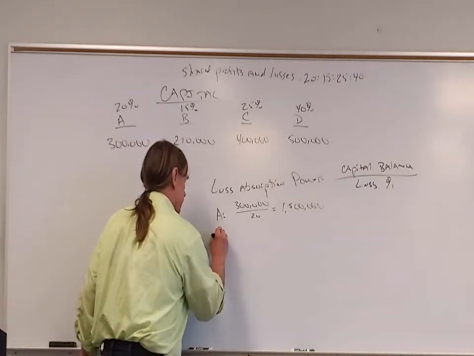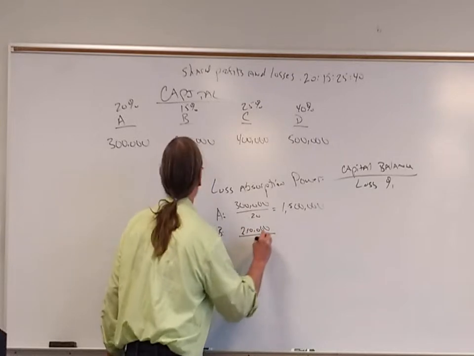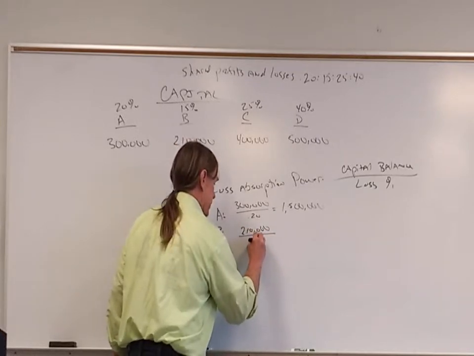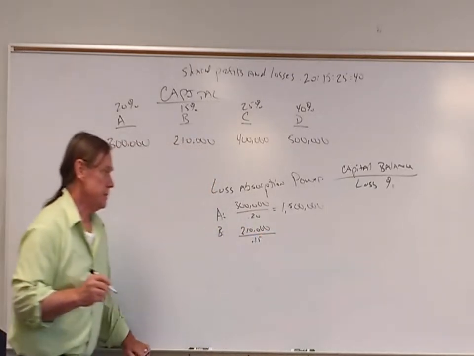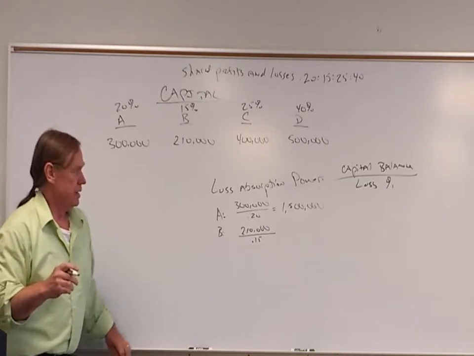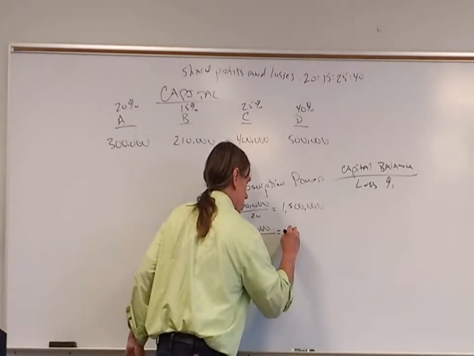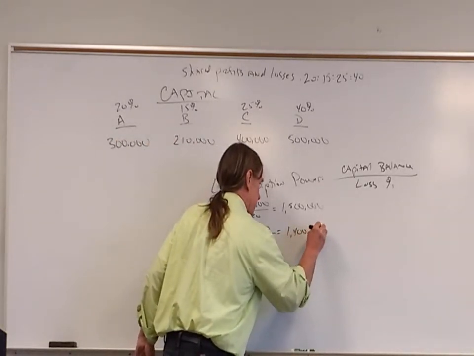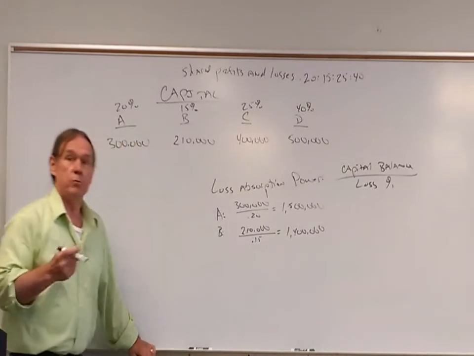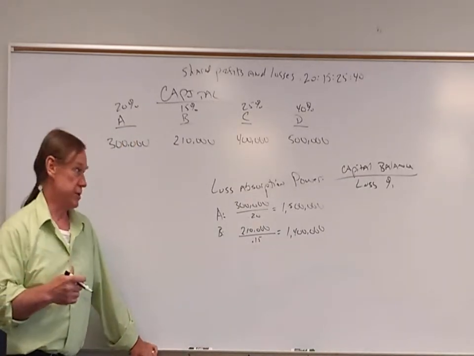Partner B has a $210,000 capital balance divided by B's 15% profit or loss share. So $210,000 divided by 0.15 is 1.4 million. So partner B can withstand a $1.4 million loss to partnership assets.